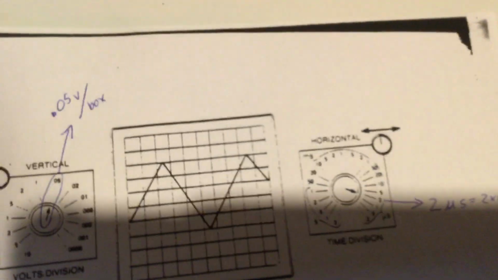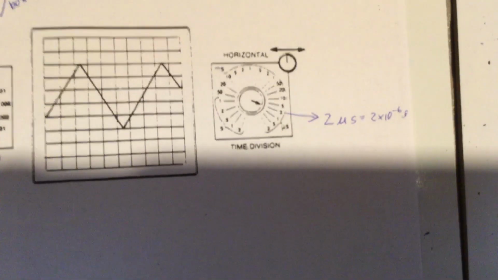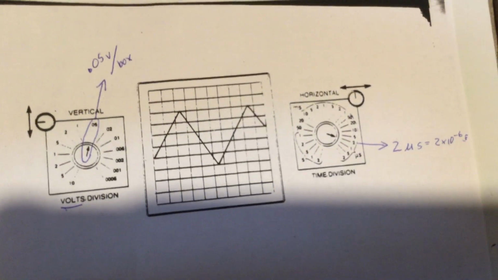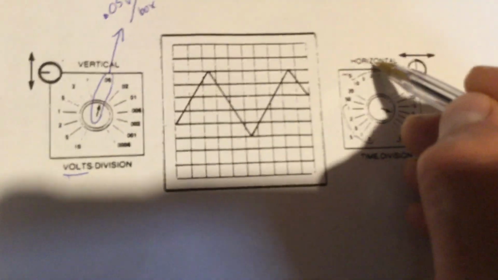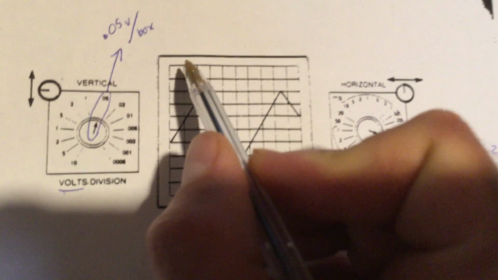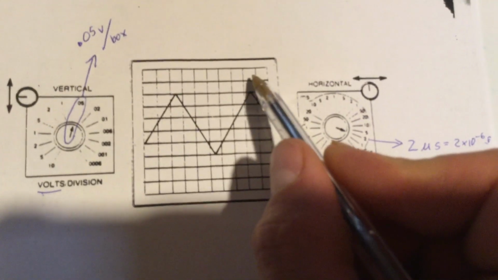So each one of these boxes is worth a very small amount, 2 times 10 to the negative 6. And further, what I want to tell you about this is that this is a horizontal or a side-to-side scale. So this time we're counting boxes this way. The left knob was counting boxes up and down, and the right knob was counting boxes side to side.